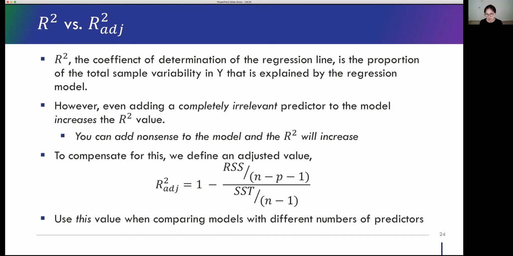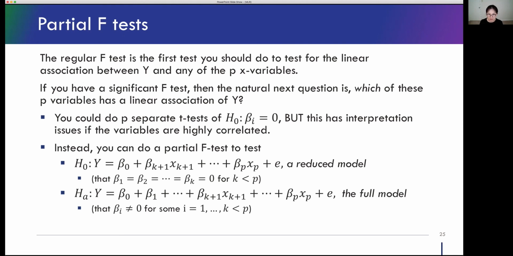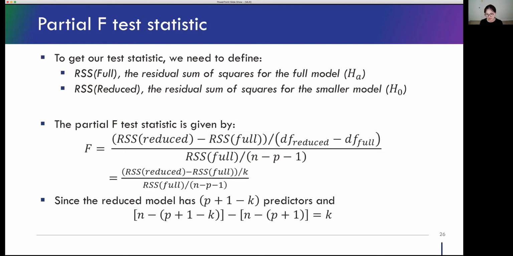When we're comparing models with different numbers of predictors, like the full model and reduced model, where the reduced model apparently has fewer predictors, we would use adjusted R-square for comparison. And for testing which one is a better model for the data, the full model or the reduced model, we will use this partial F-test statistic.